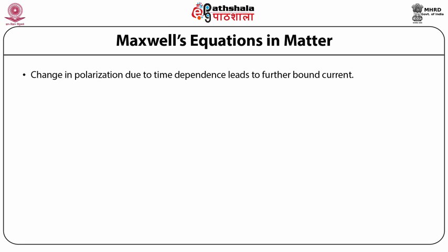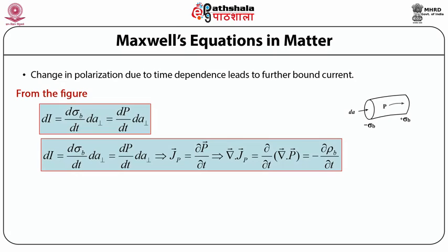So, if we want to look at the current flowing through a surface area dA, then the current element dI is equal to del by del t of sigma subscript B times dA perpendicular, and this is equal to dP by dt times dA perpendicular, where sigma subscript B is the bound surface charge density, dA perpendicular is the surface area vector perpendicular to the surface, and P is the electric polarization.